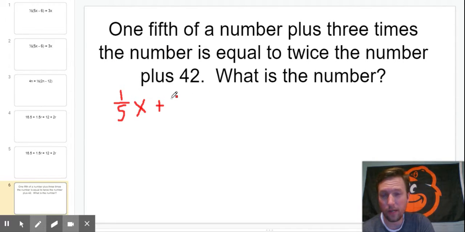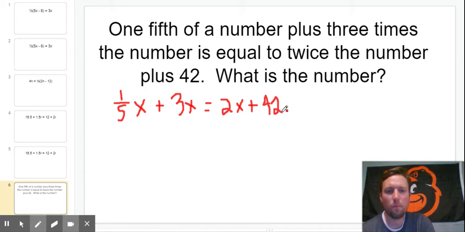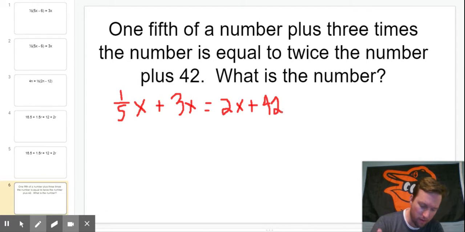So again, what do you think we're going to do? That's right, 3 times a number. So 3 times x is equal to, so I'm going to throw an equal sign in here, twice the number. So 2 times x plus 42.